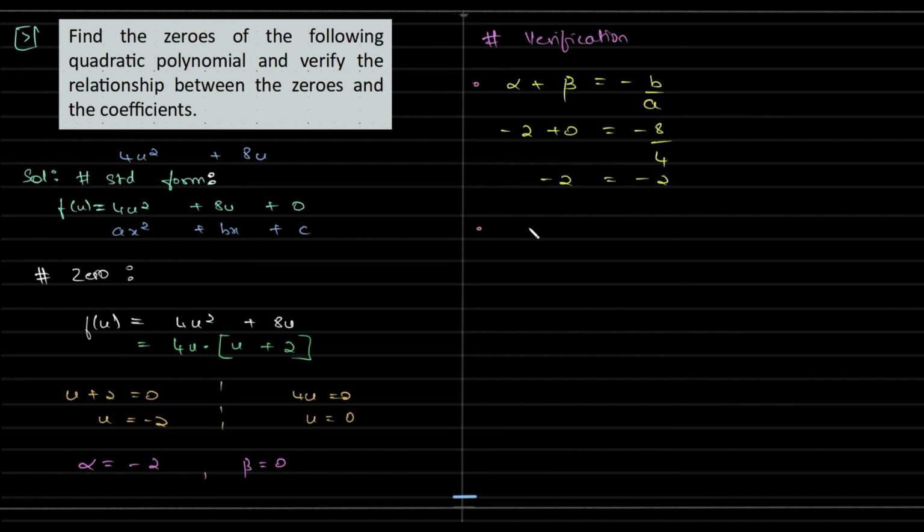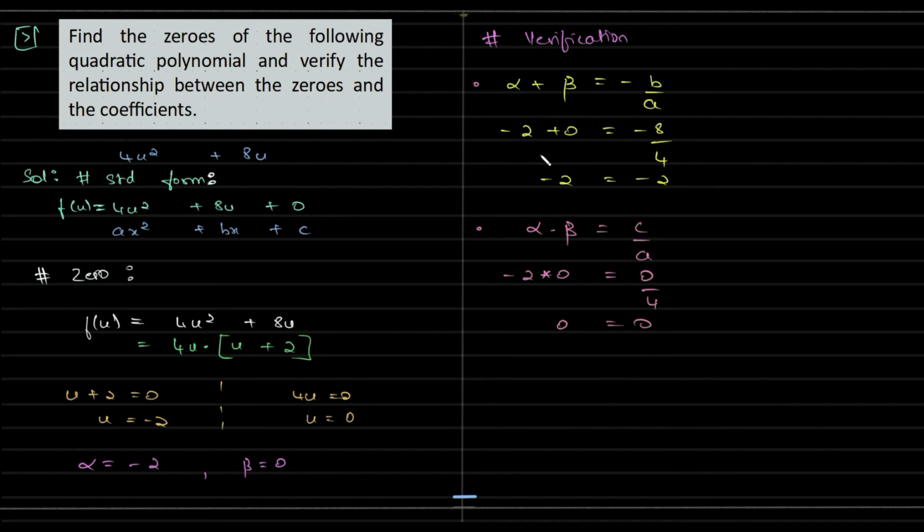My second formula is alpha into beta equal to c by a. Alpha is minus 2 into 0 is equal to, c is 0, right? C is 0 and a is 4. So 0 is equal to 0, right?